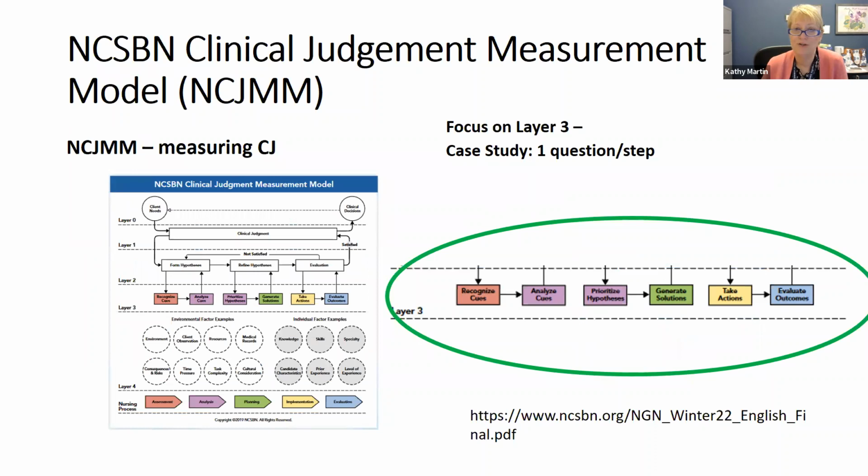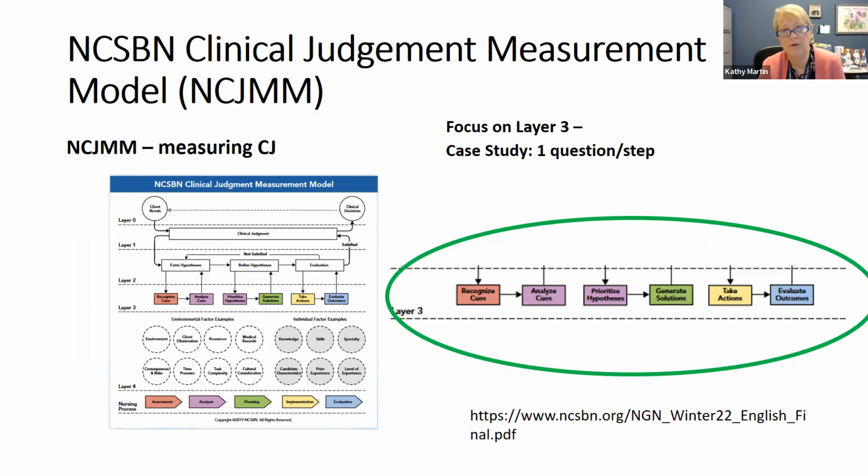Also, you will want to familiarize yourself, and what we're going to do today is try to familiarize our students, with some of the language around the clinical judgment measurement model that was designed in the process of developing this new test, which we anticipate will begin to be administered after or during April of 2023. So we are targeting next May 2023's graduates to be seeing these types of items and these case studies.